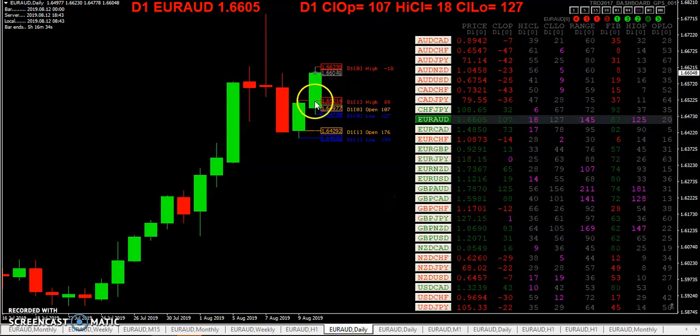On the daily, you see it broke through the upper wick zone here and took off once again. 145 pip range on the day, and we've got a handful, 5 pairs over 100 pips in range. But on this simple daily chart, you have what you need to be profitable.